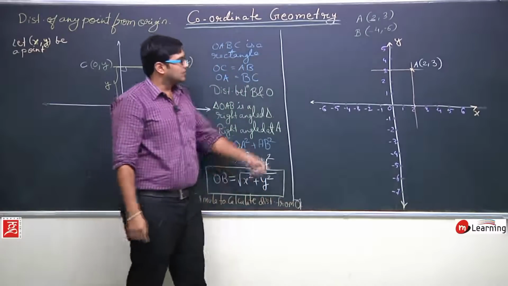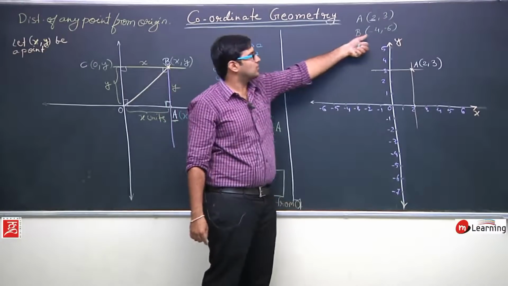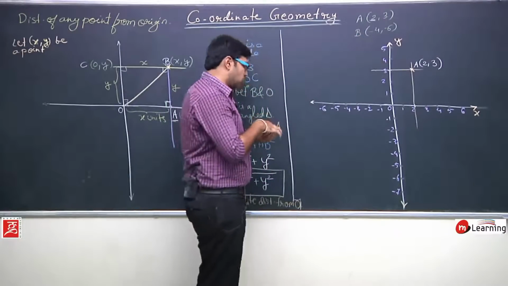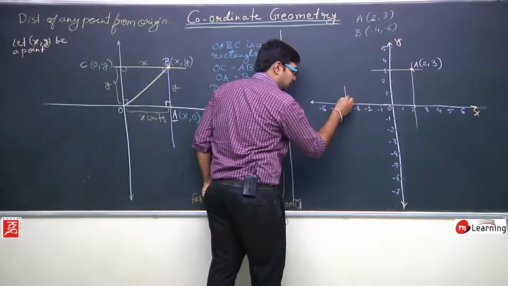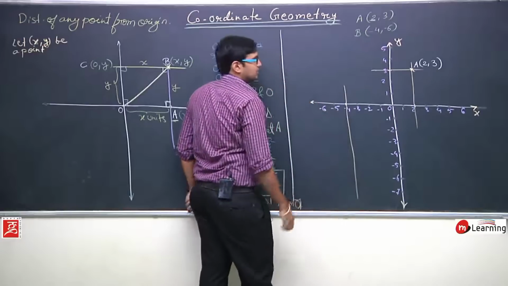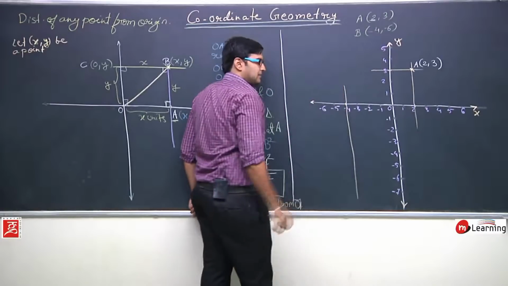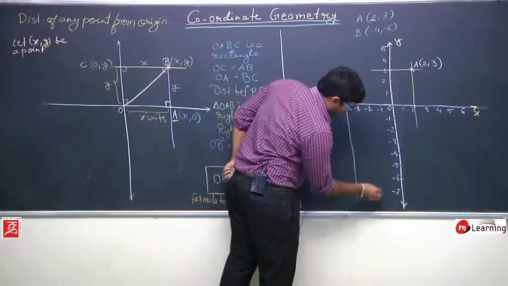Now the second thing, I want to locate this point B. The x coordinate is -4. So I will go to x equals -4, and draw a perpendicular at this point. Similarly, the y coordinate is -6. So I will search for y equals -6 and draw a perpendicular.